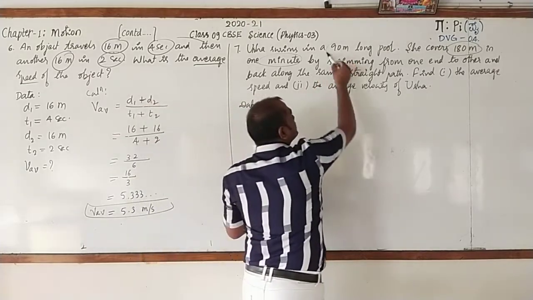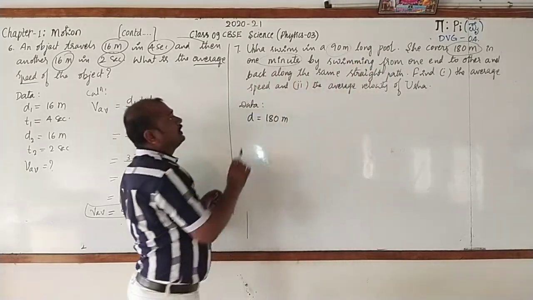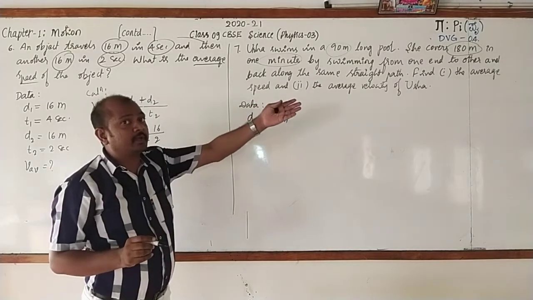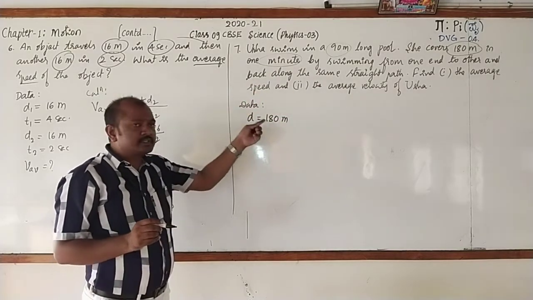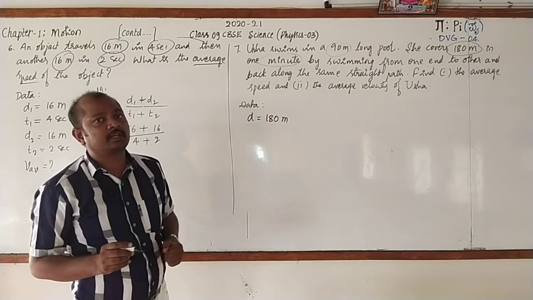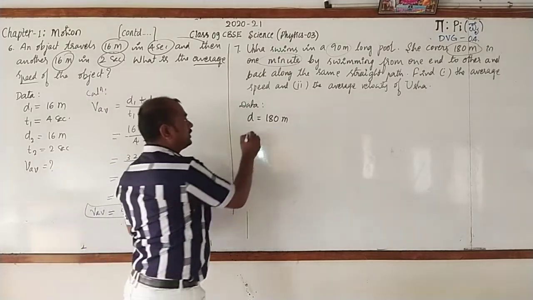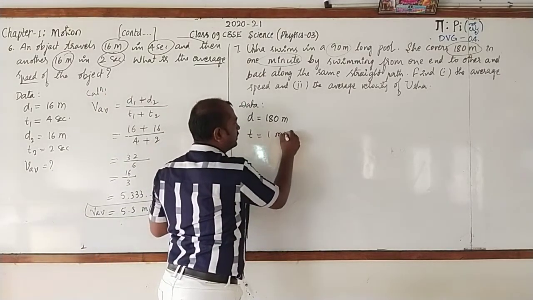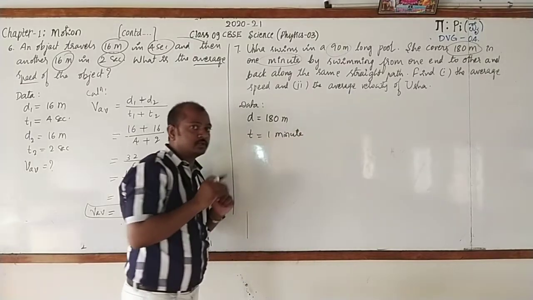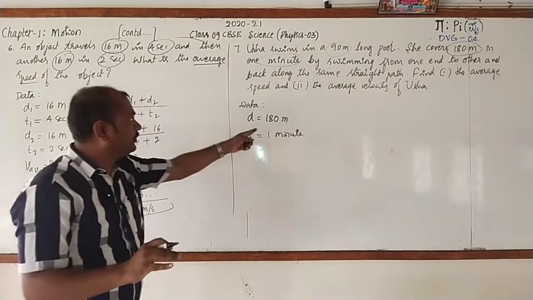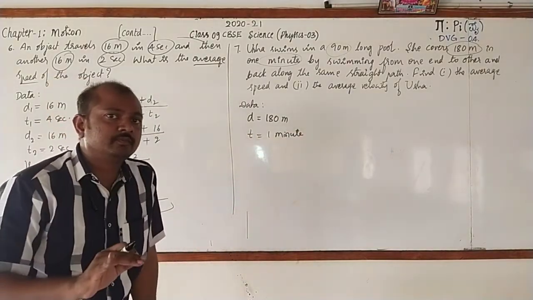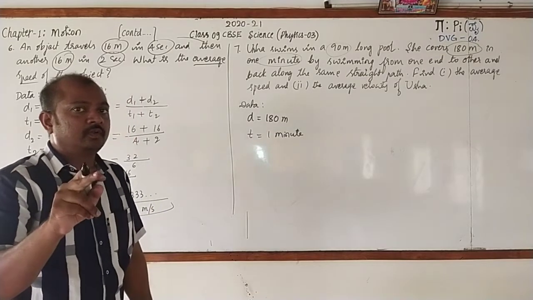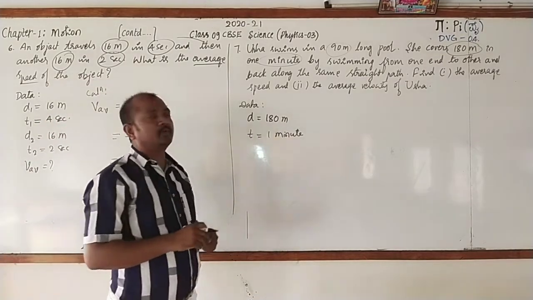So you need not consider this one. Just consider only the distance covered by Usha. To cover this much distance, how much time has she taken? 1 minute. Alright, T is equal to 1 minute. I hope that you have understood. Then observe, are they in standard form? Do you say yes or no? If you say yes, it is applicable only for distance.